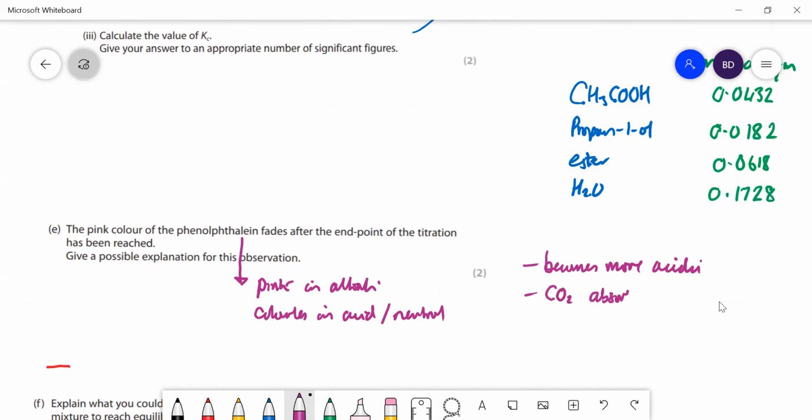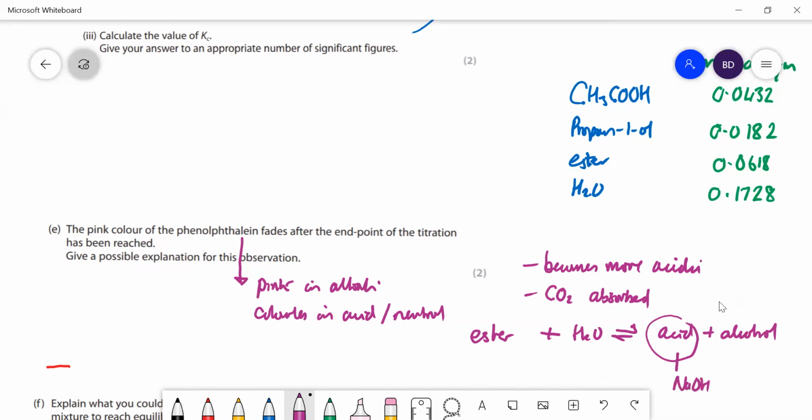That's one possibility. Or in this case, because you've got an equilibrium reaction here, we've got our ester plus water, and it can give us the acid and the alcohol. So you've got ester in there, and what you're doing is removing the carboxylic acid by adding NaOH.